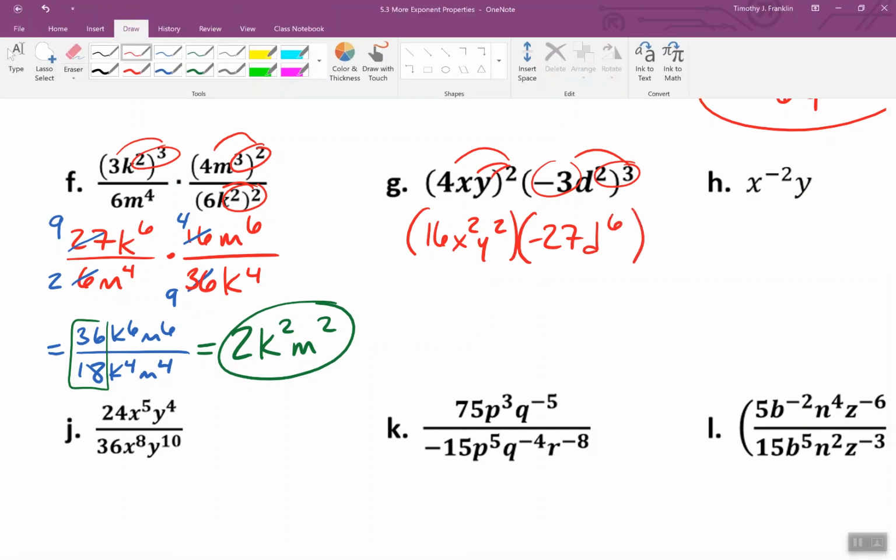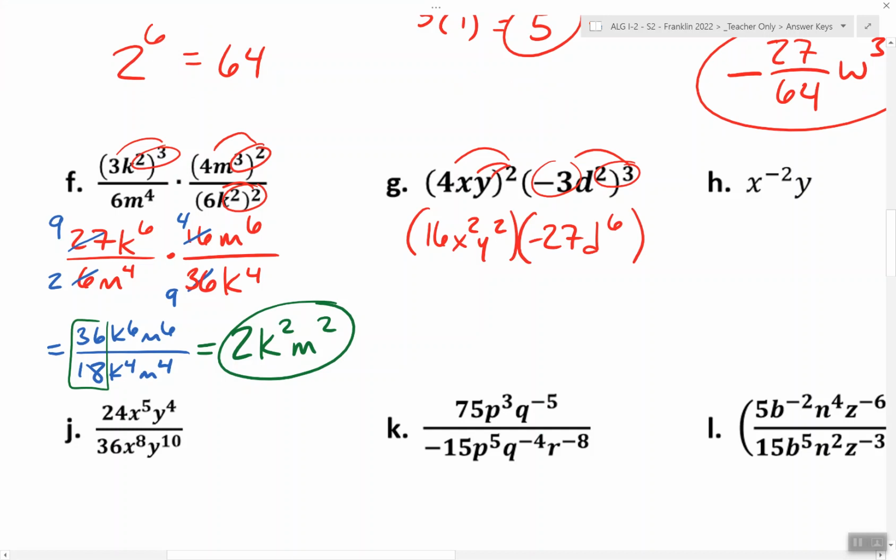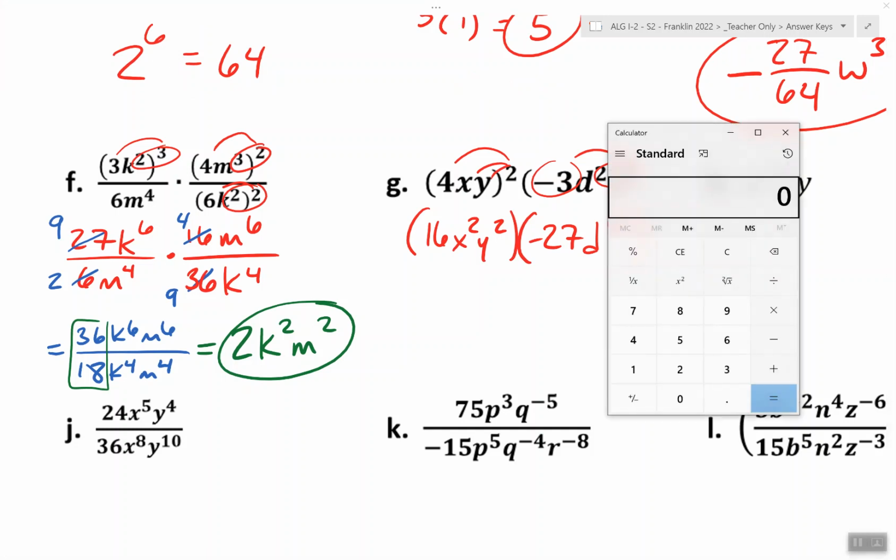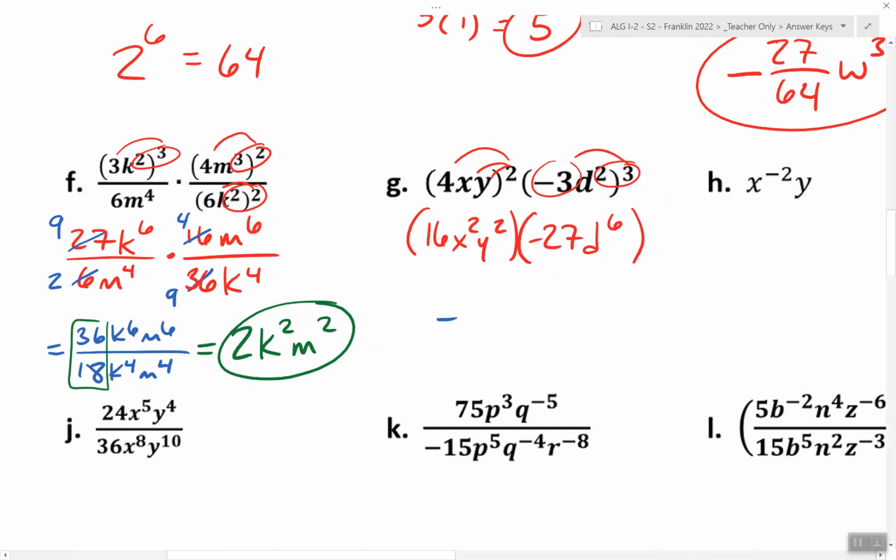And now we multiply these two things together. So 16 times negative 27 is negative 432. And because we have x, y, and d here, those exponents are going to stay the same. They don't combine together. So that's d to the 6th, x squared, y squared.